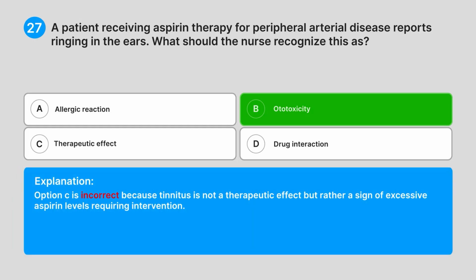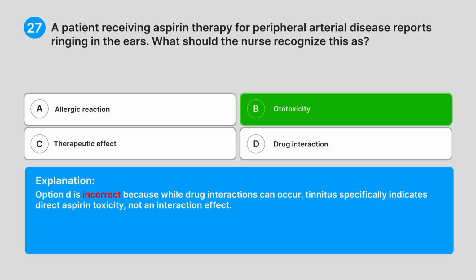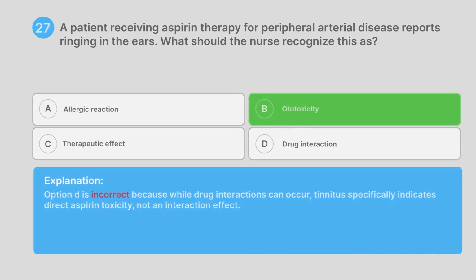Option C is incorrect because tinnitus is not a therapeutic effect, but rather a sign of excessive aspirin levels, requiring intervention. Option D is incorrect because while drug interactions can occur, tinnitus specifically indicates direct aspirin toxicity, not an interaction effect.